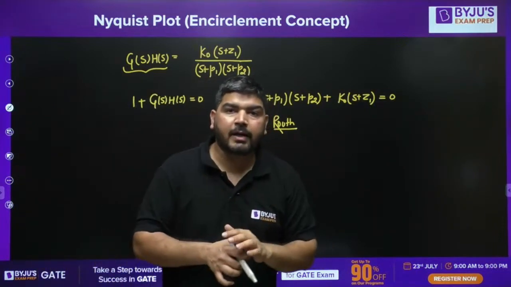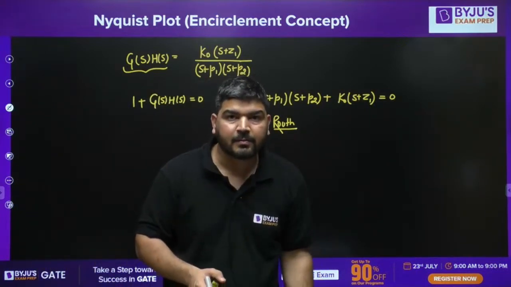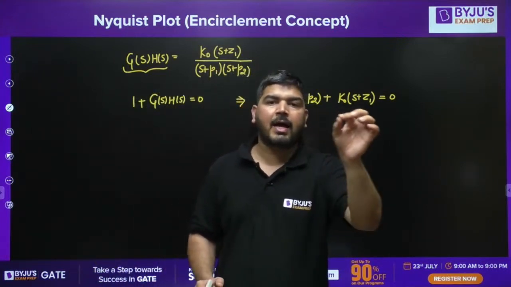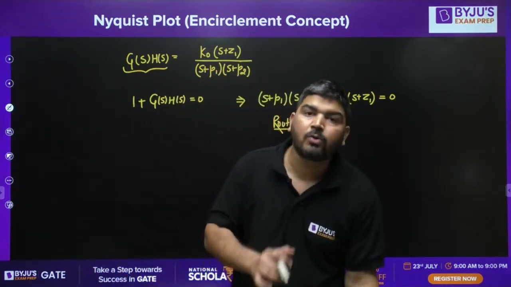It means if G(s)H(s) is provided, you don't need to go to Nyquist. You can even calculate the number of encirclements. If G(s)H(s) is provided, then you can calculate the number of encirclements of origin as well as the number of encirclements of minus 1. How to do that?